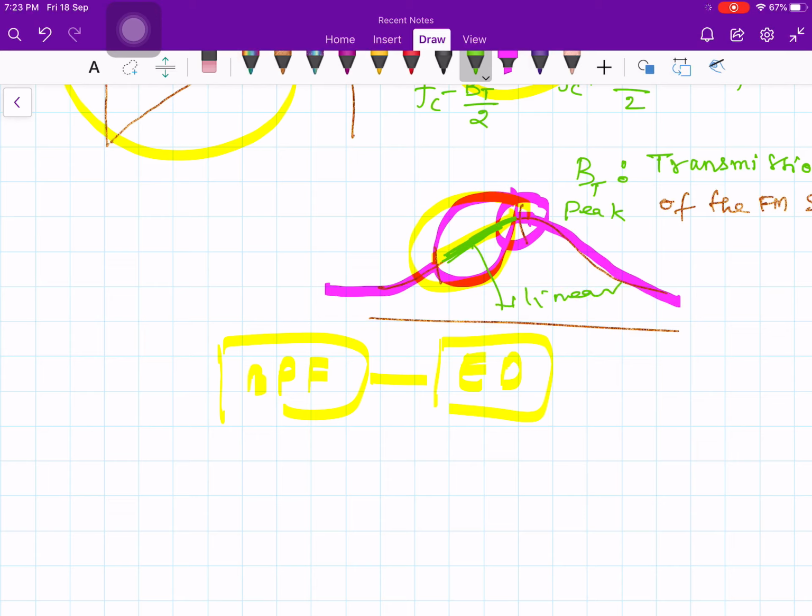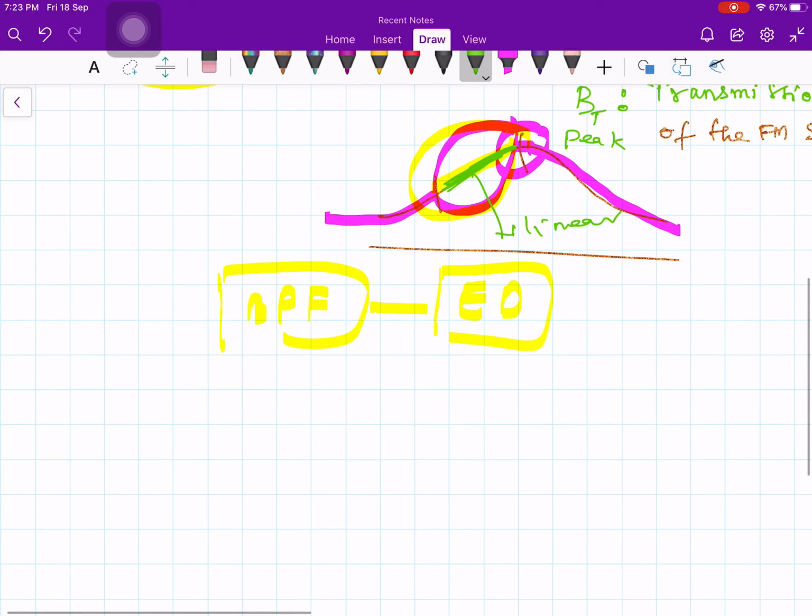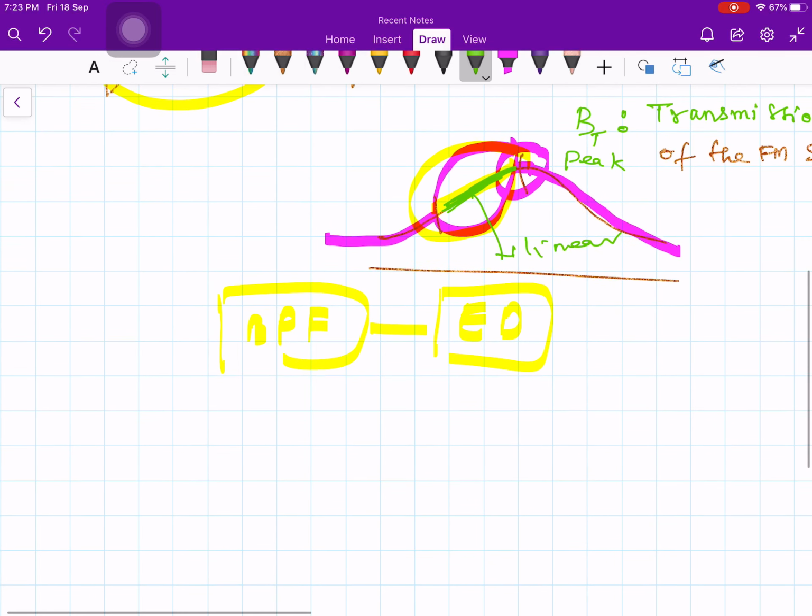So this is ideally important if you want to use a single bandpass filter. How the picture changes when you are using two bandpass filters, we will take up subsequently. What I am saying is that this approximation is in the linear region.